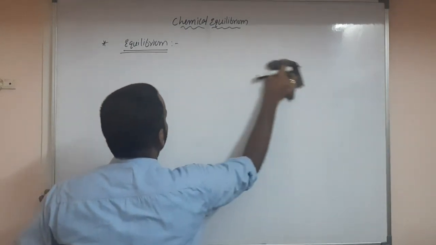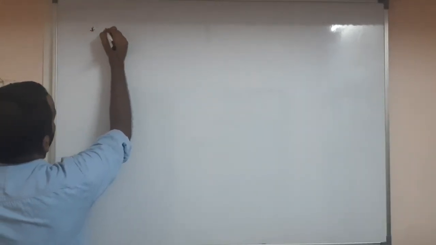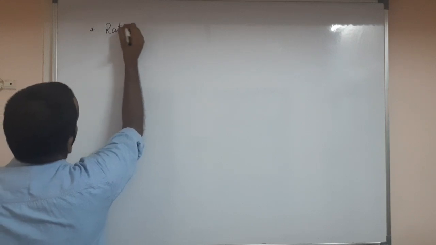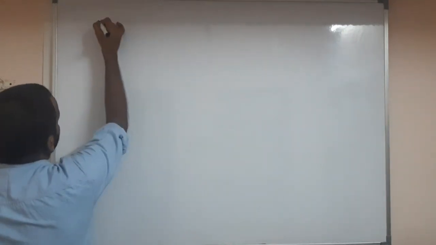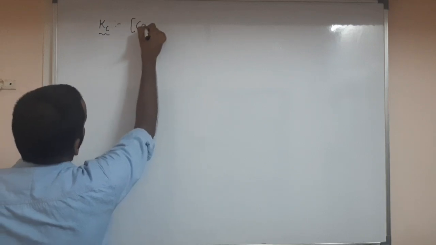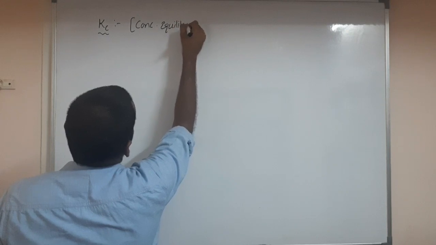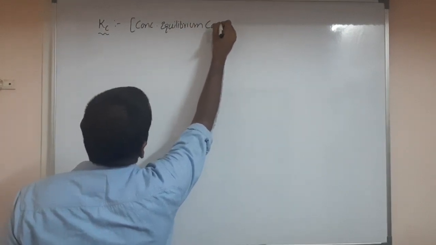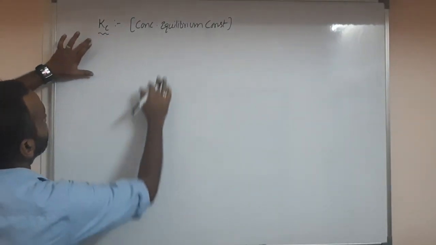The most important thing is Kc. Rate we already discussed. What is Kc? Kc means concentration equilibrium constant.